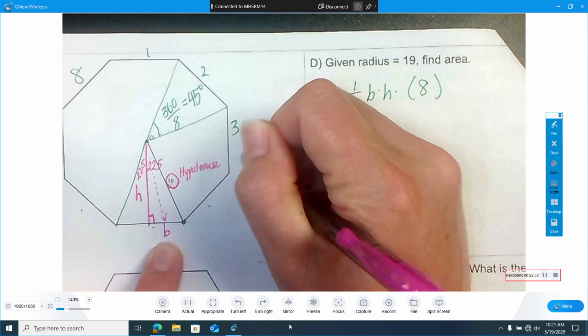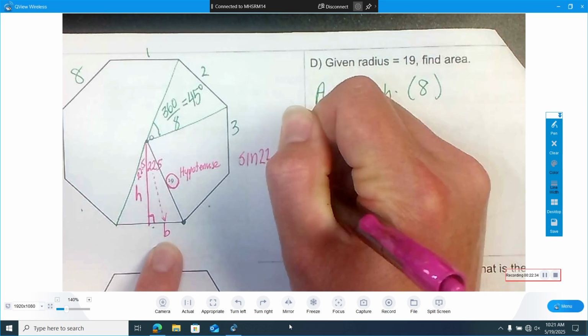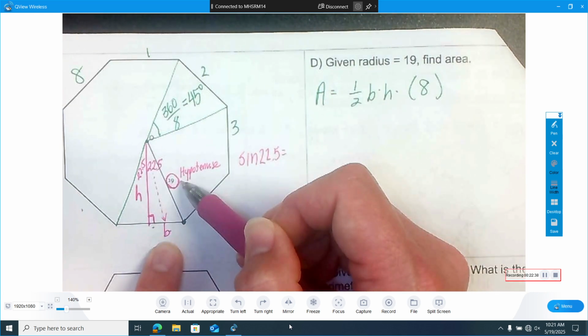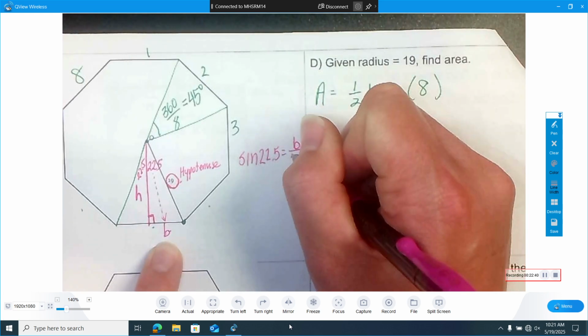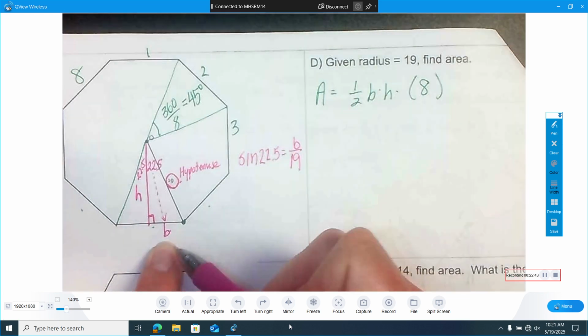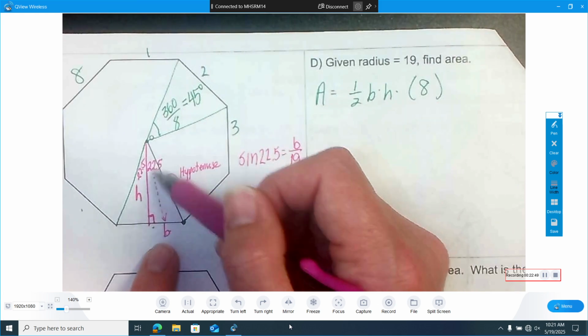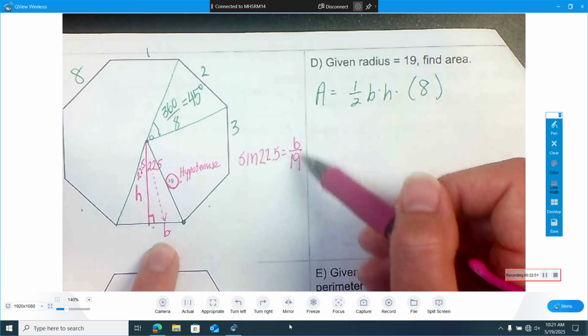Sine. Sine of 22.5 is opposite over hypotenuse. So b over 19. So be careful. You're not always going to use tangent. Don't get into bad habits. So opposite over hypotenuse would be b over 19.